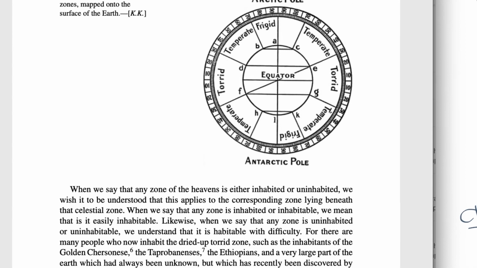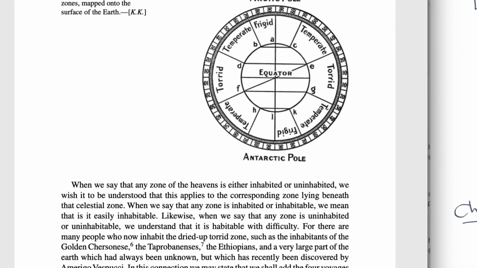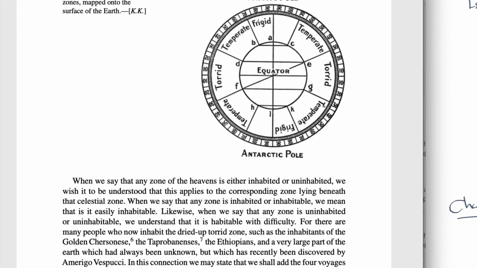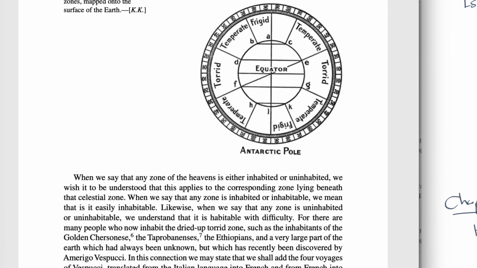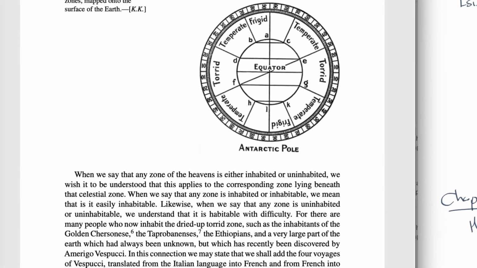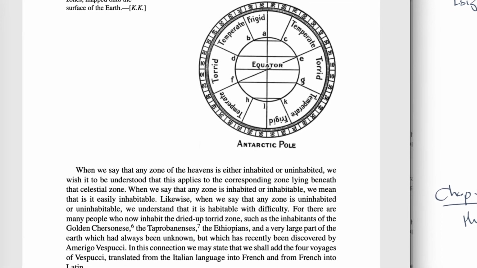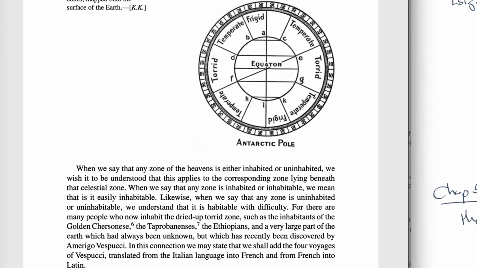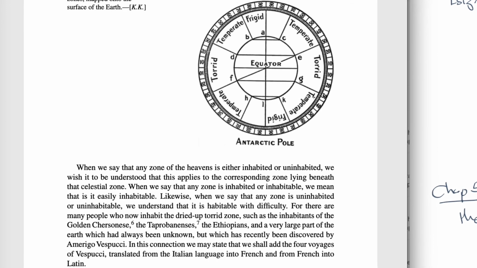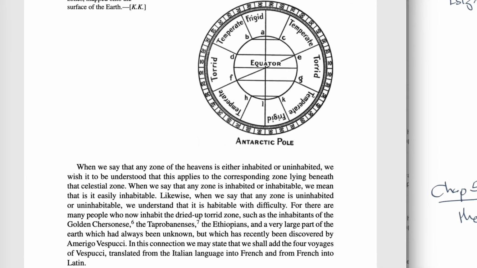For there are many people who now inhabit the dried up torrid zone, such as the inhabitants of the Golden Chersonese, and by that apparently he means Malacca, probably in India, the Taprobanenses, that is the people on the island of Ceylon, the Ethiopians, and a very large part of the Earth which had always been unknown, but which has recently been discovered by Amerigo Vespucci. So presumably there he's talking about the New World and the people who live in Mexico and Central America and northern South America.